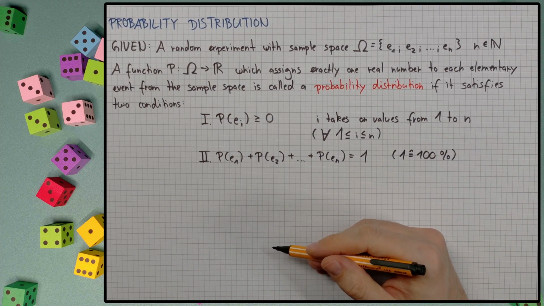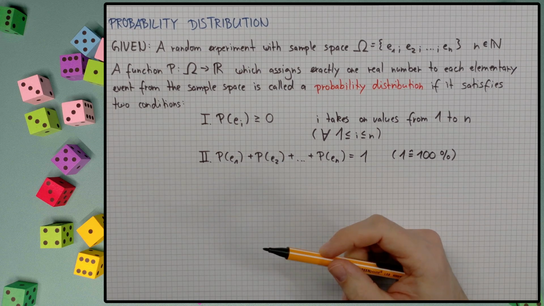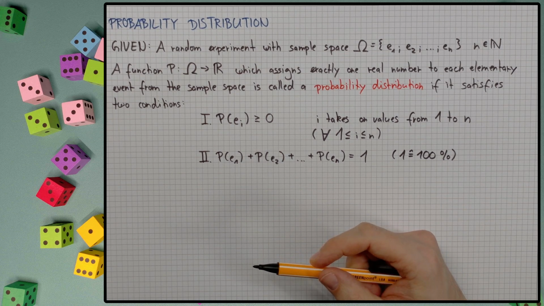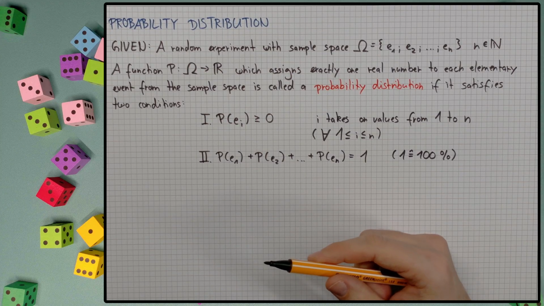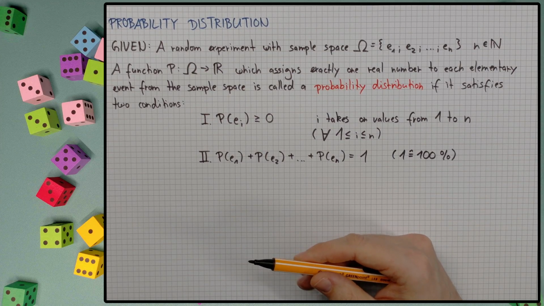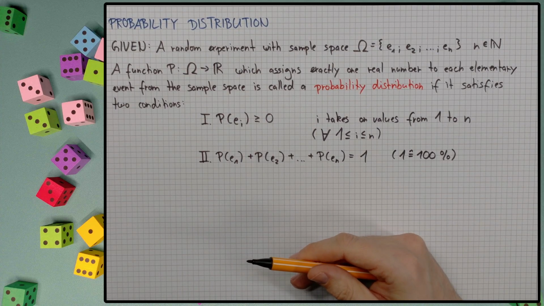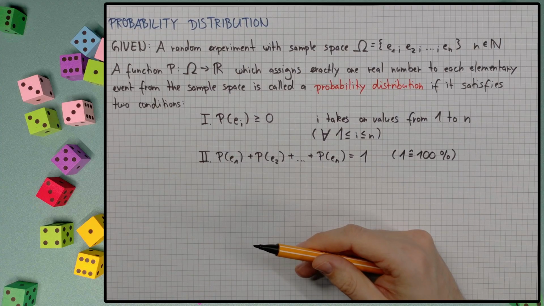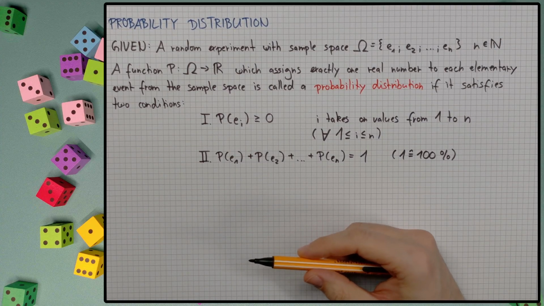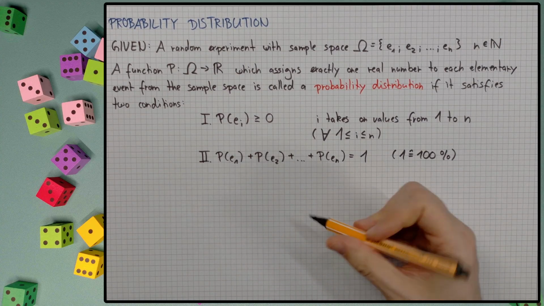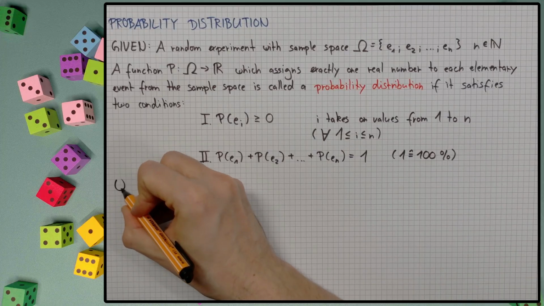The idea being that if we do an experiment, the probability that any one of the possible outcomes will actually happen needs to be 100%. We cannot have any leftovers here.